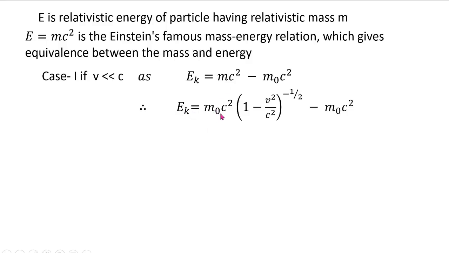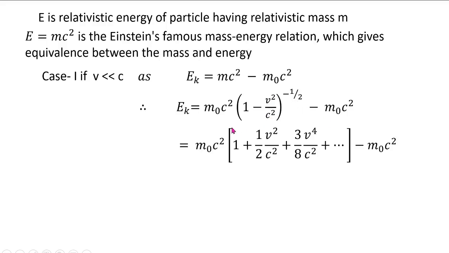Then we get Ek is equal to m0 c square times (1 minus v square upon c square) raised to minus half, minus m0 c square. If we use the binomial expansion, this term becomes 1 plus 1 half v square upon c square plus 3 by 8 v raised to 4 upon c raised to 4, plus and so on.